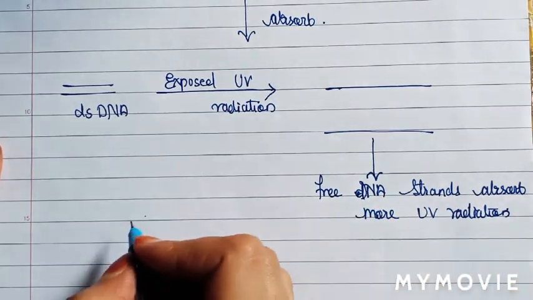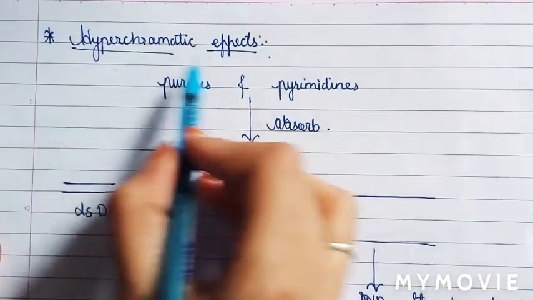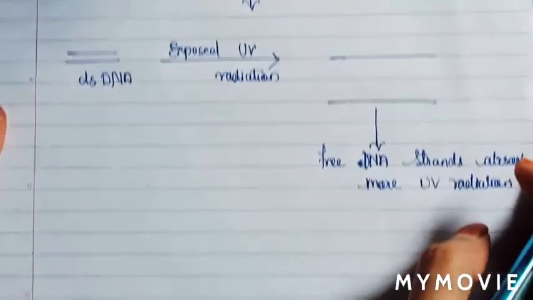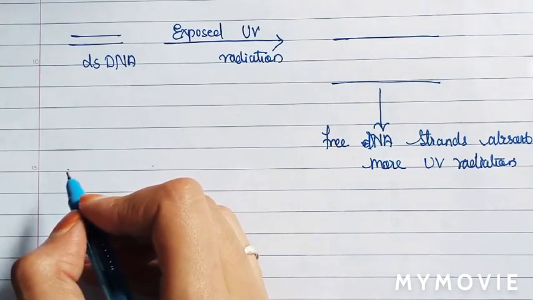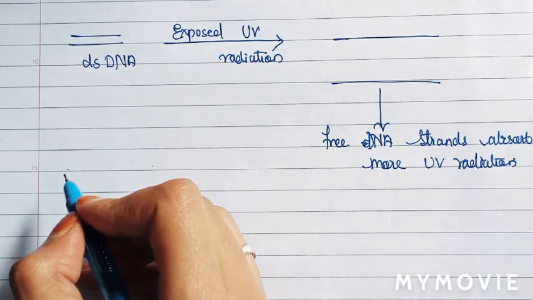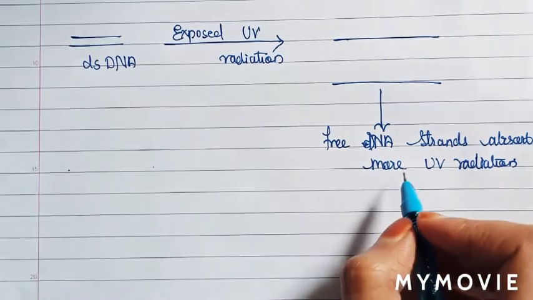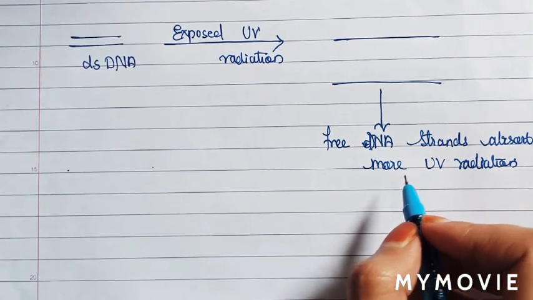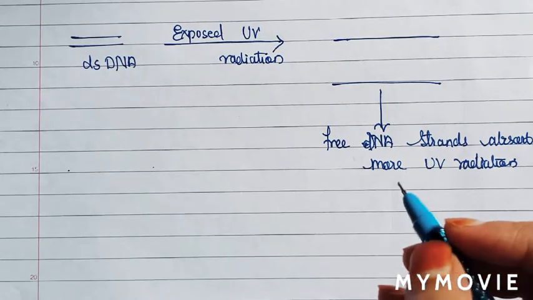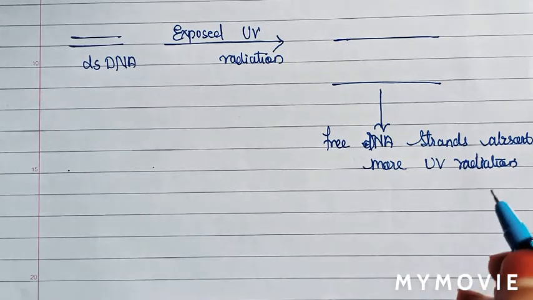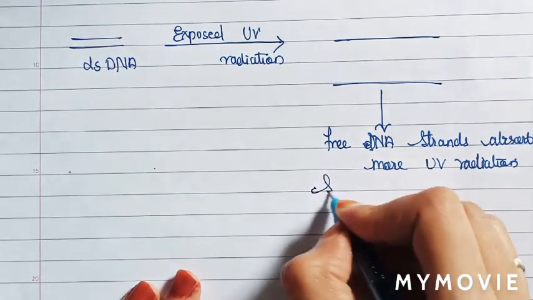And here we have written the hyperchromatic effect. So what is meant by chromatic? If something gets exposed to radiation, then it forms a color-like substance. This is observed in a spectrophotometer: when the two DNA strands are separated from each other, they absorb more UV radiation.